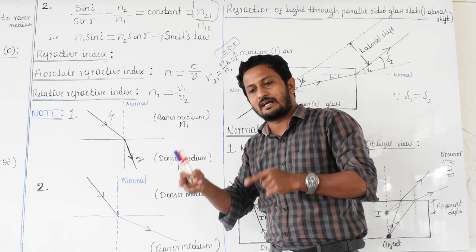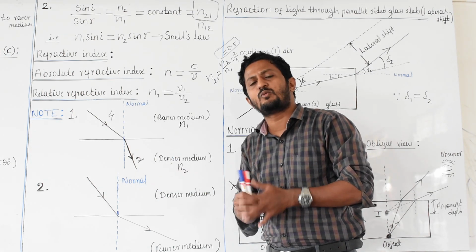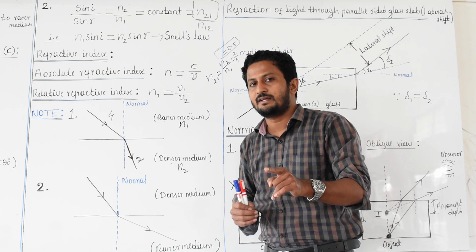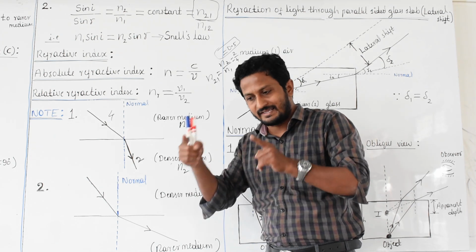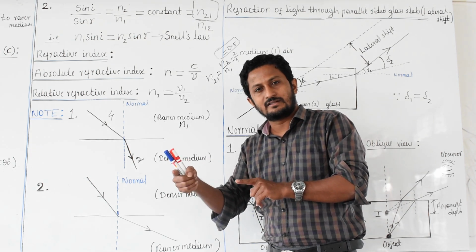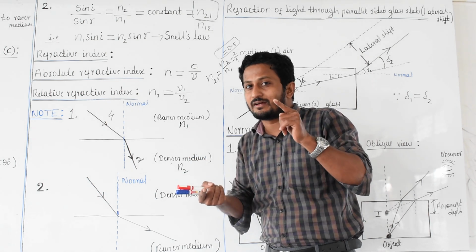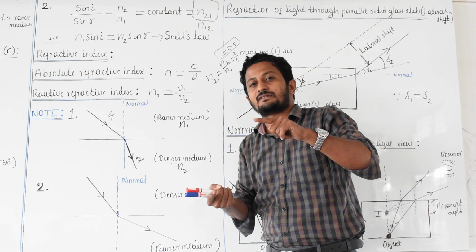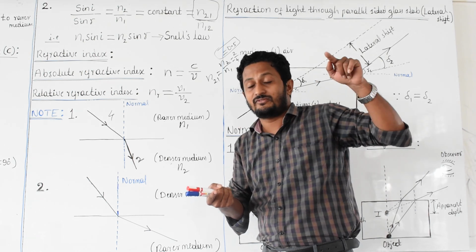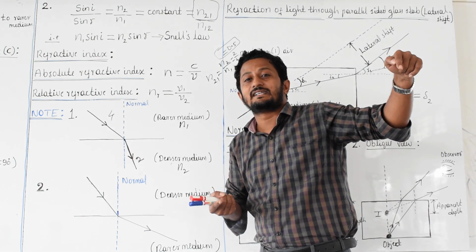Here we say the refractive index of glass is 1.5. What is it? It means the speed of light in the glass got decreased 1.5 times compared to what it has in the air medium.